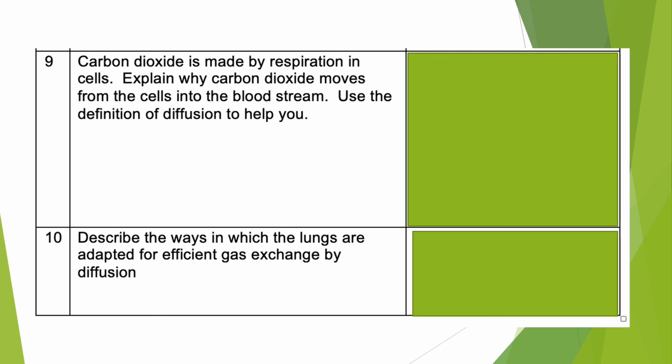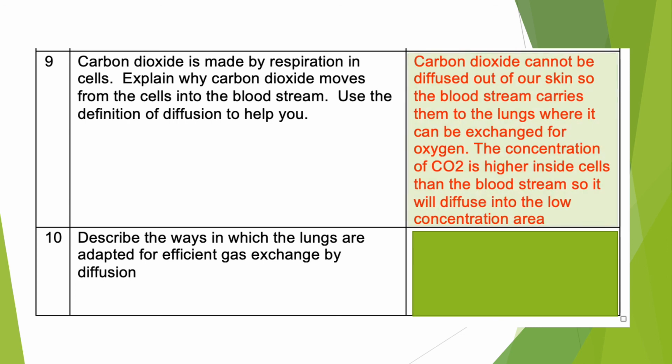So then why does carbon dioxide move into the bloodstream? So carbon dioxide cannot be diffused out of our skin, right? Because our skin doesn't really secrete carbon dioxide. So the bloodstream is more of a transportation system. It carries it to our lungs where it is then exchanged for oxygen. They trade it in.